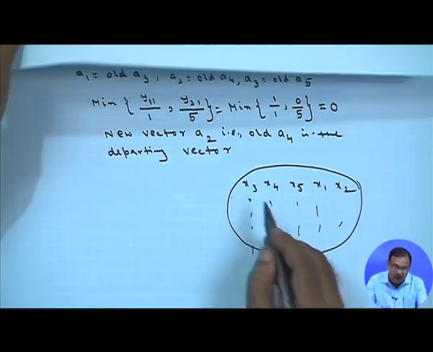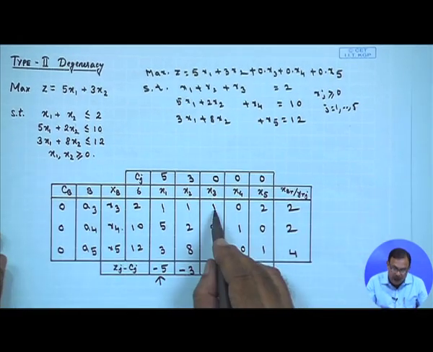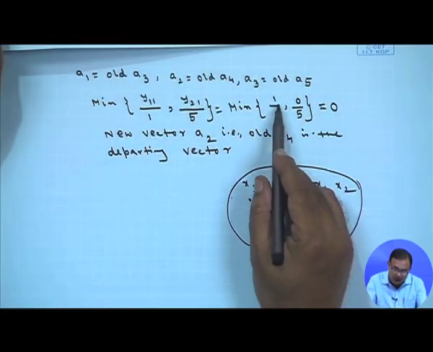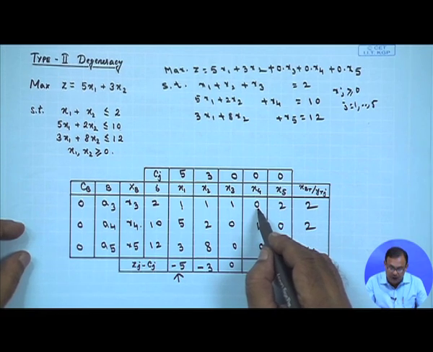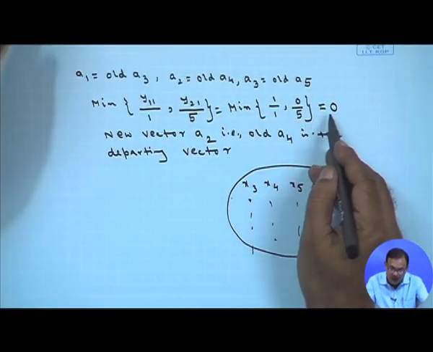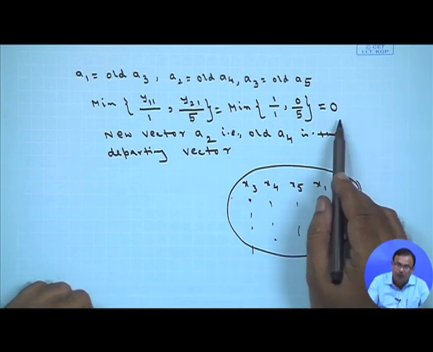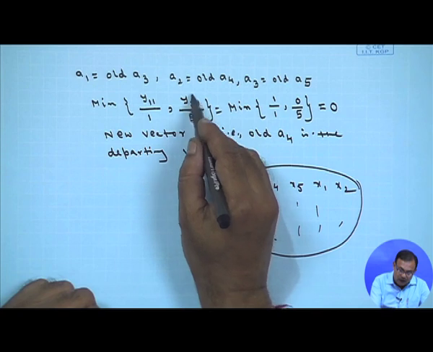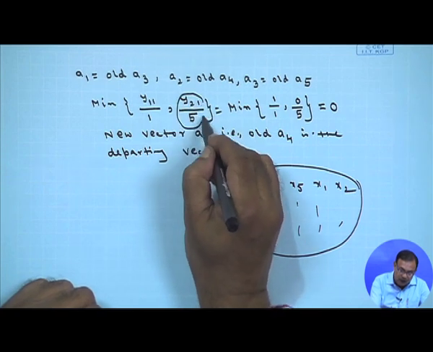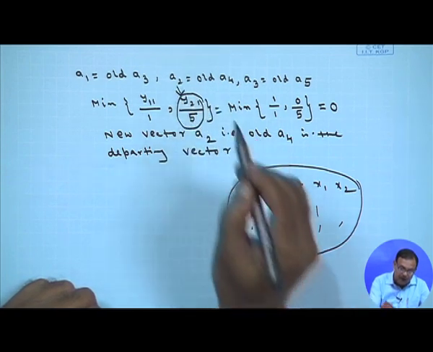Y11 means basically the value of x3, that is 1. So I am writing 1 by 1, and in the second column it is 0, so it is 0 by 5, which equals 0. Therefore the minimum is occurring for this ratio, which corresponds to the vector A2.